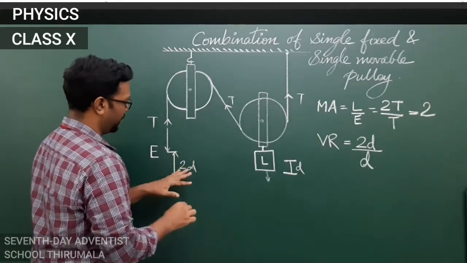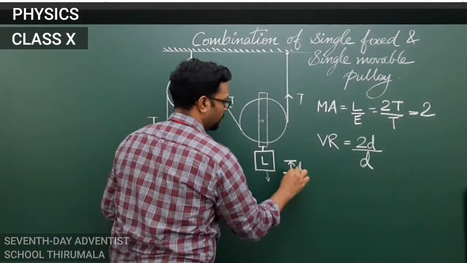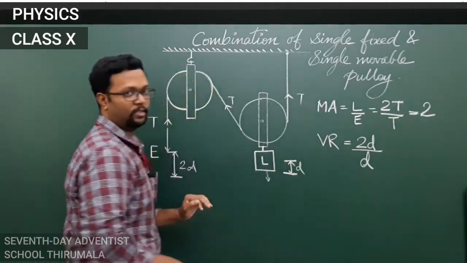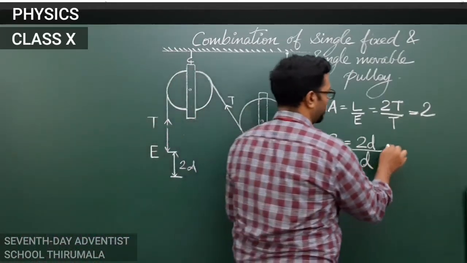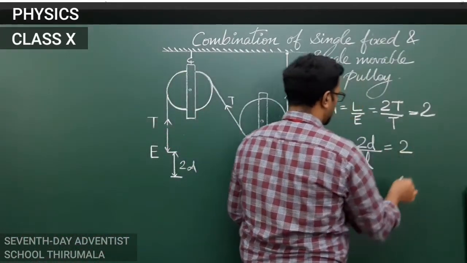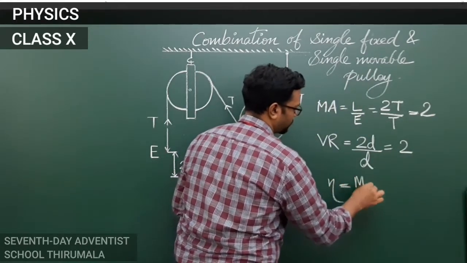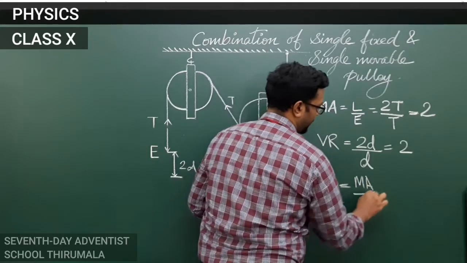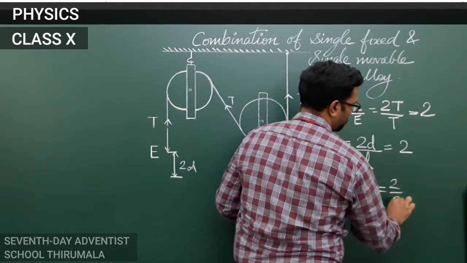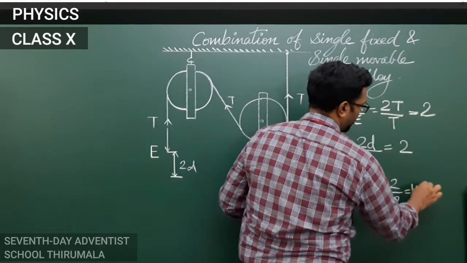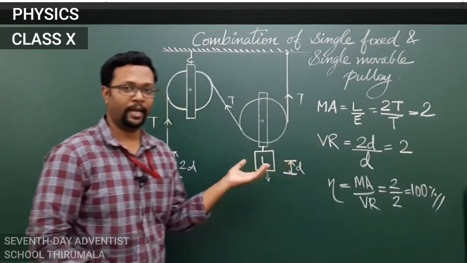If effort is moving a distance of 2d in the downward direction, the load will be moving only a distance of d in the upward direction. So the velocity ratio of this combination will be 2, and the efficiency is equal to mechanical advantage by velocity ratio, which is 2 by 2, equal to 100% if this system is ideal.